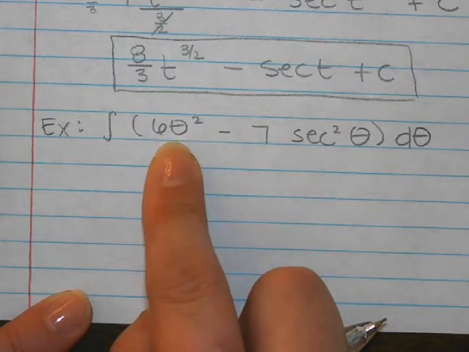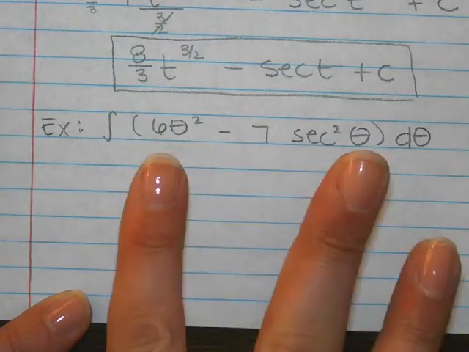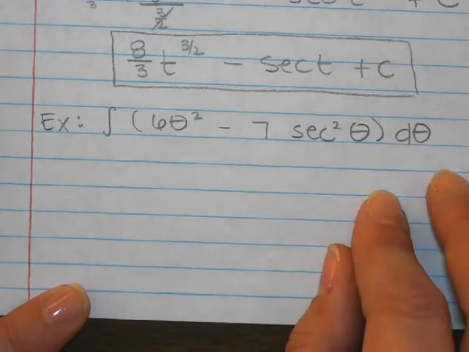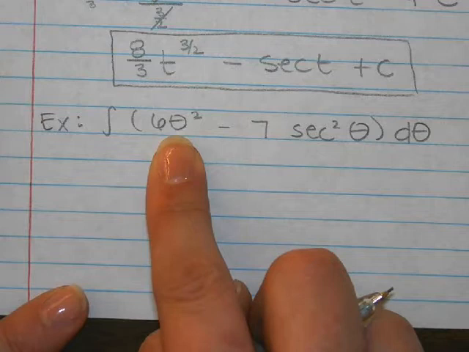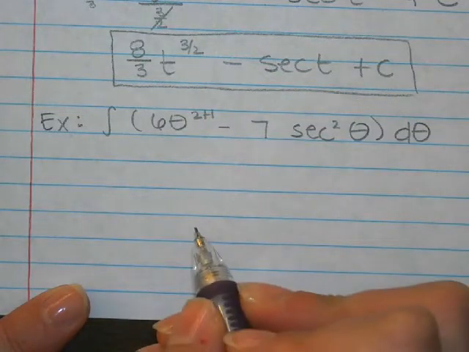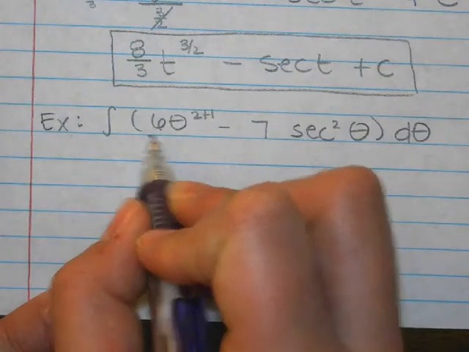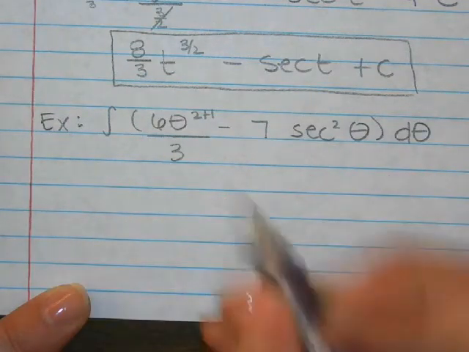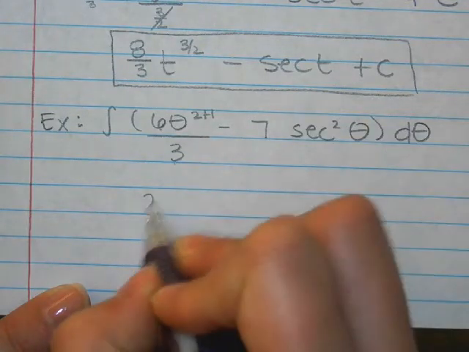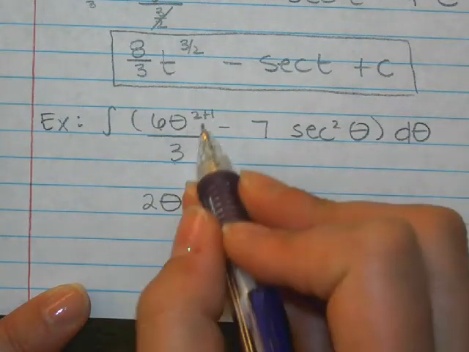So if we look at this, do you guys want to split it apart, or do you want to just leave it as one big group? We're okay with leaving it? Okay. So what should we do to the first piece? Add 1. Divide by 3. So we have 6 divided by 3, 2. So 2 theta to the third.